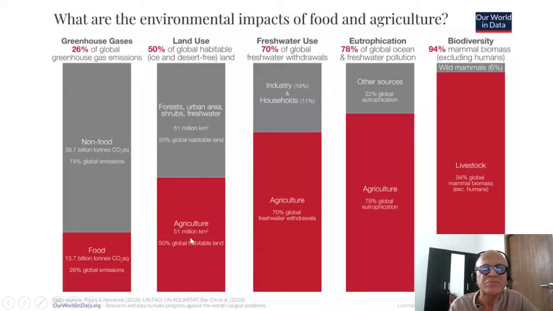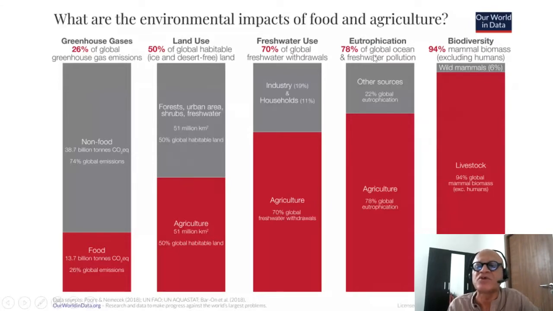Agriculture is using a similar amount, and freshwater use is always very high. Irrigation use is incredibly high. You can see that freshwater used by agriculture is almost 70% in some countries like India, which are exploiting groundwater unsustainably. It's as high as 80 to maybe even 90%.